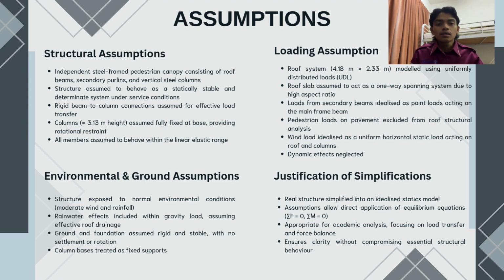Wind load acting on the structure is idealized as a uniformly distributed horizontal load, while pedestrian loads on the pavement are excluded since they do not directly affect the roof structure. All loads are treated as static and dynamic effects are neglected.